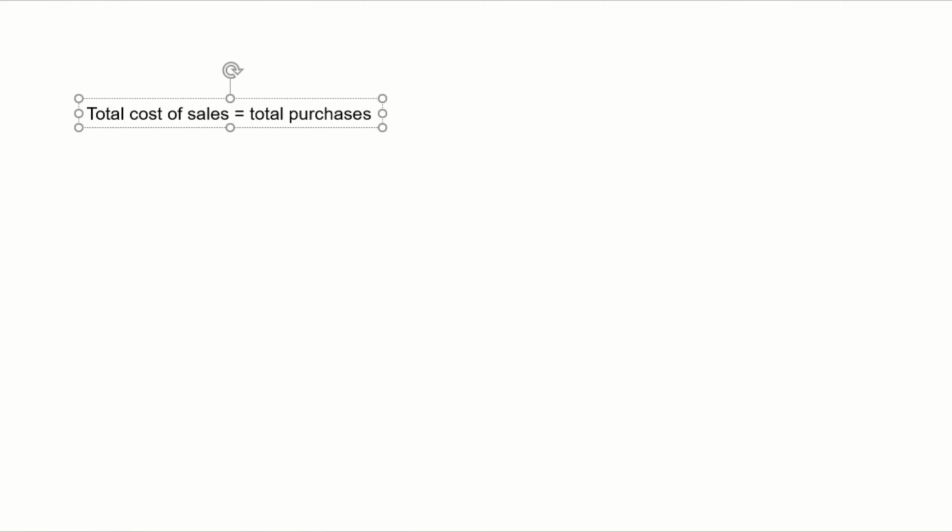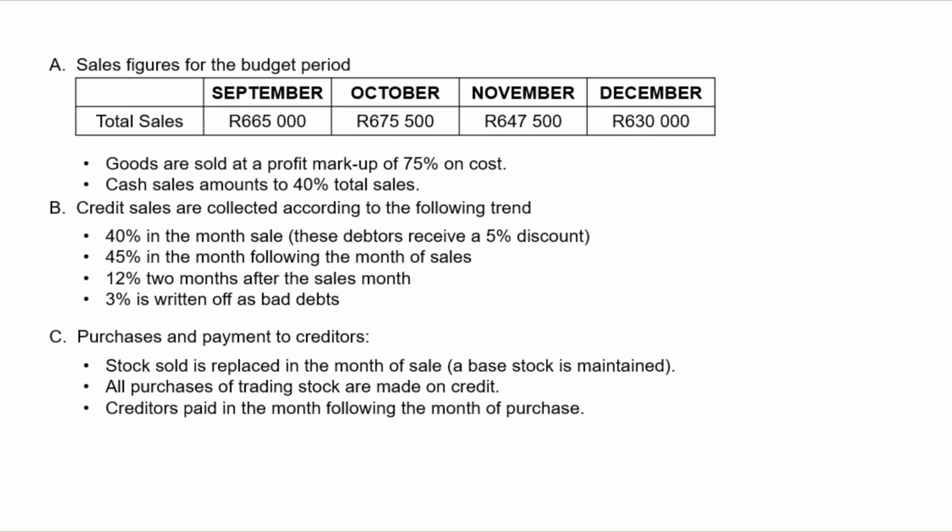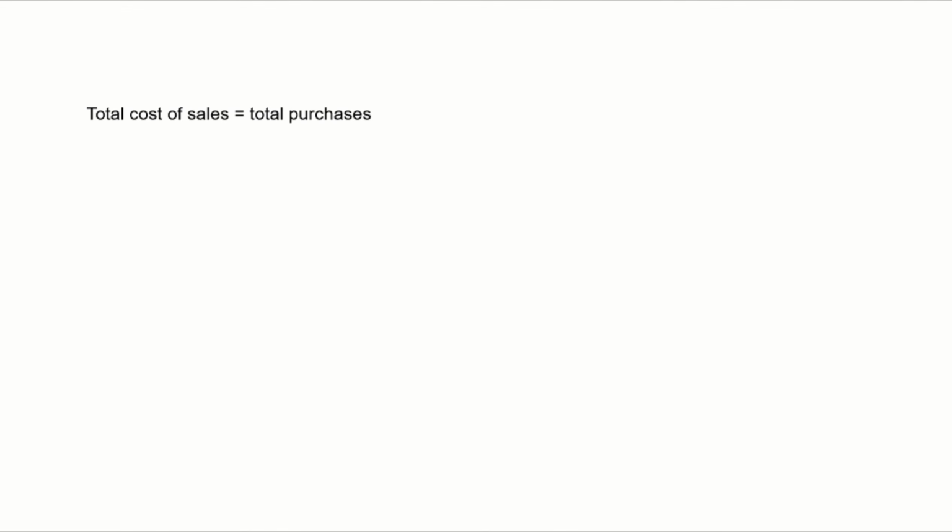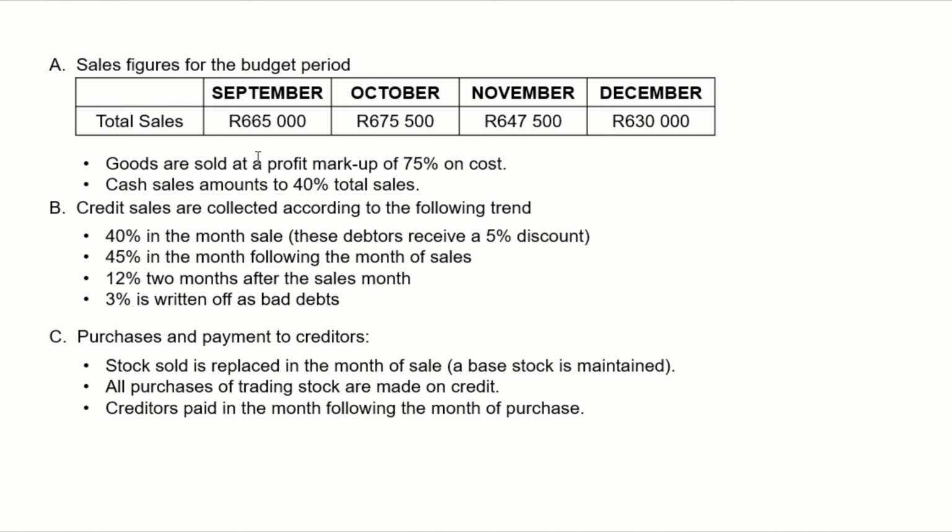Okay. So now it's as simple as that. When you have total cost of sales, you actually have total purchases. Okay. So now in this case that we are only given the sales, we're going to use the sales amount to find our cost of sales amount. All right. So now how are we going to do that?